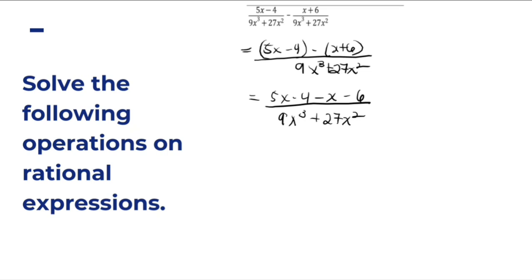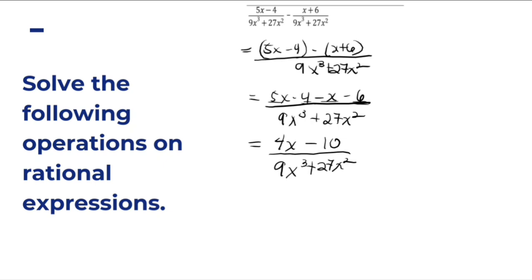Now we can combine the similar terms in the numerator. So we have 5x and negative x, which will give us 4x. We also have negative 4 and negative 6, which will give us negative 10, all over 9x cubed plus 27x squared.